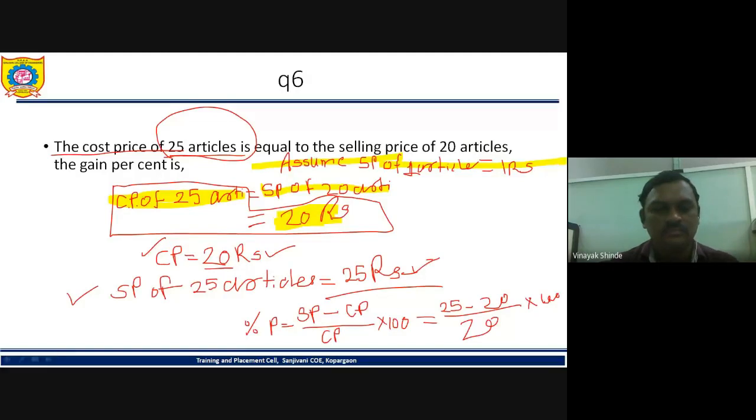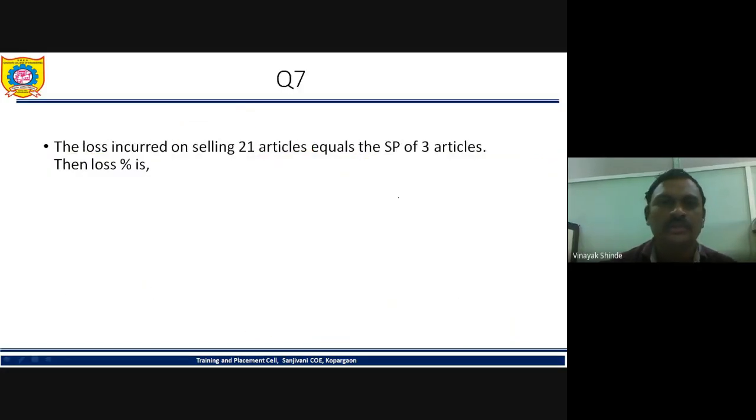Question number 7. Try the question number 7. The loss incurred on selling 21 articles equals the selling price of 3 articles.